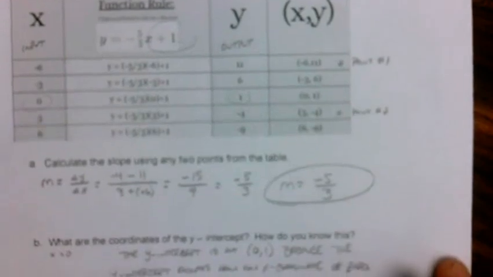And then, well, what about the y-intercept? The y-intercept was at 0, comma 1. And at the end of my equation, I had to add 1. Okay, so the value of the y-intercept gets added at the end.